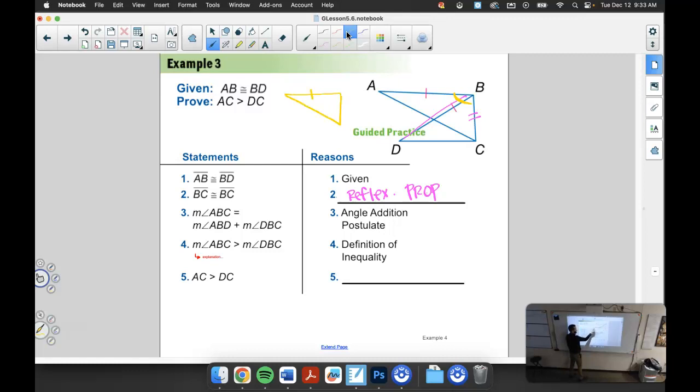Here's one side that's labeled, here's two sides, and we're talking about this angle between it. Okay, that's that yellow one. Okay, it is equal to these two tiny ones added together. That's what this says, right? ABC is equal to these two added together.